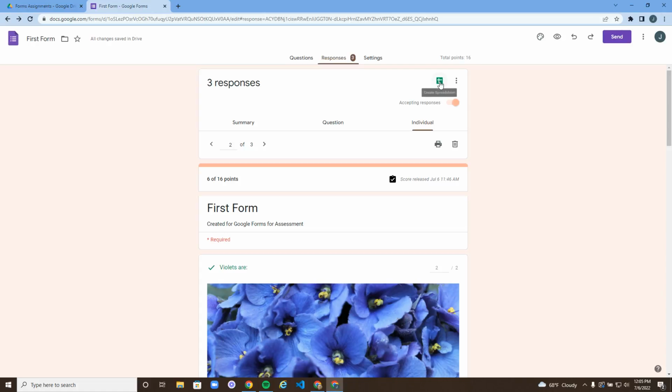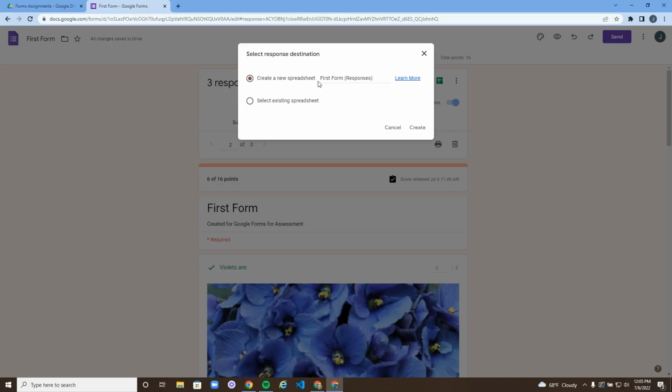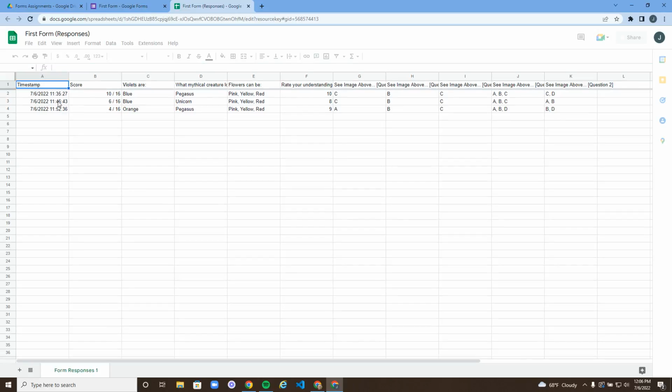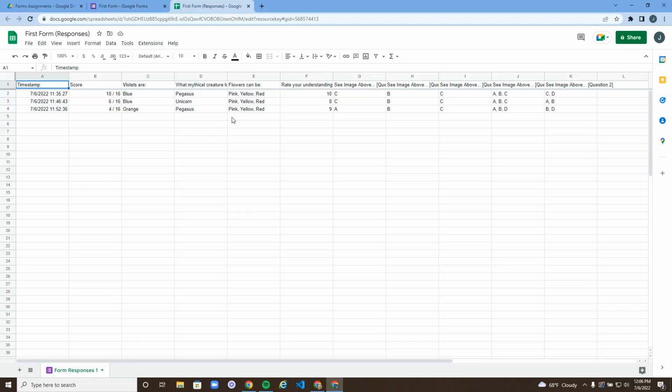The cool thing about this spreadsheet is that if you create a new spreadsheet, it's going to put all the answers into that spreadsheet, and even if you delete the form or remove all the responses from the form, this spreadsheet will still have all those responses. So that's really handy to know about.